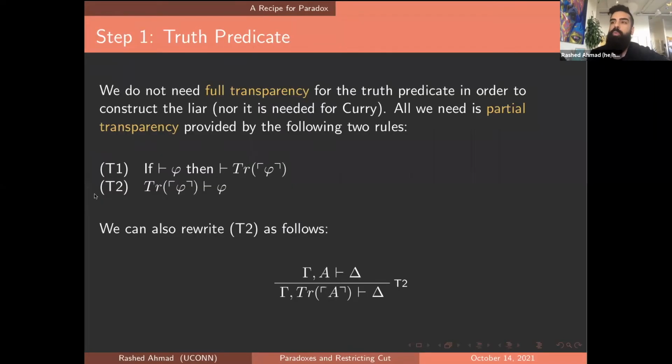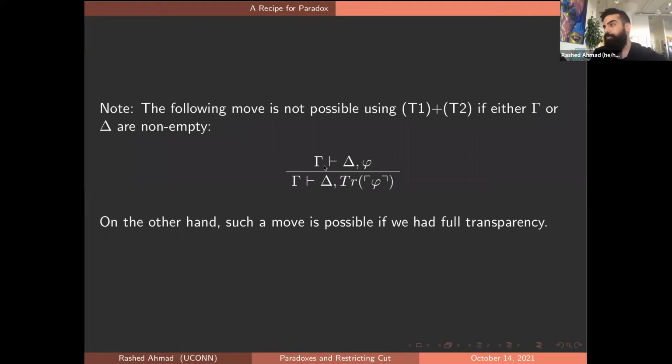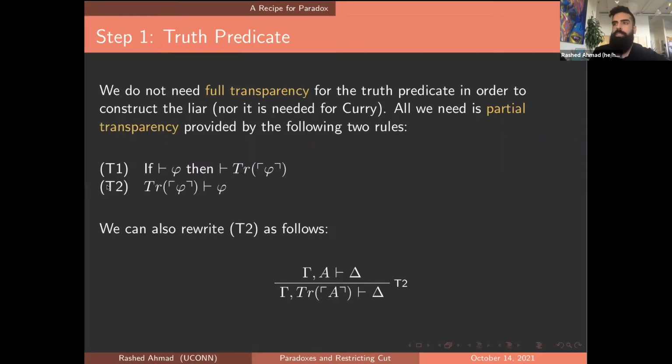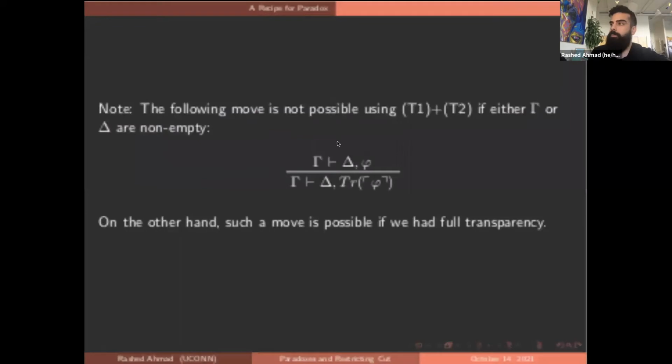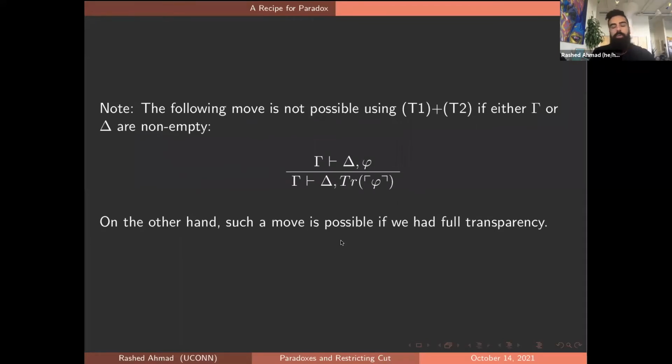We can also write T2 as the following if we want to avoid cutting too much, but for now, we're going to use it this way unless specified otherwise. So why is it partially transparent rather than fully transparent? We don't have the following rule when either delta or gamma are non-empty. Or in other words, we don't have the opposite of T2. But we don't need full transparency to construct the paradoxes.